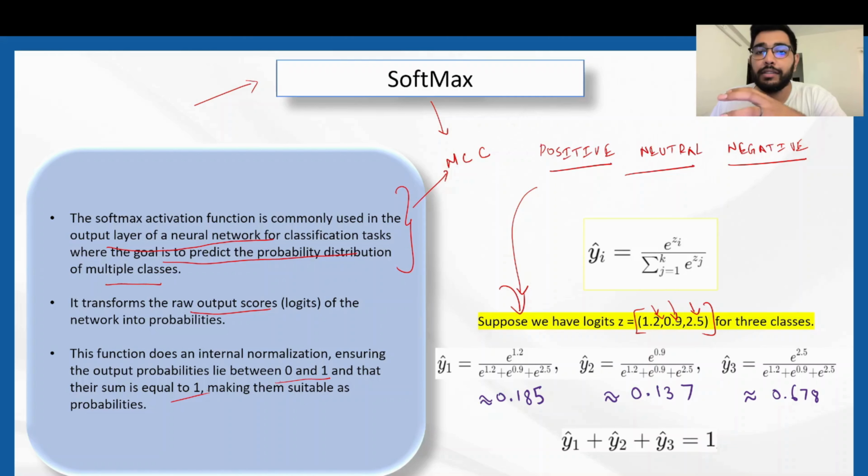Now, what does a softmax function do? As we just discussed, it converts these logits or the outputs into probabilities and normalizes the probabilities such that each class probability lies between 0 and 1, and the sum of all the probabilities for these classes should be equivalent to 1. This is the formula that we use for the softmax function, and we apply this for normalization for all the outputs or the logits.